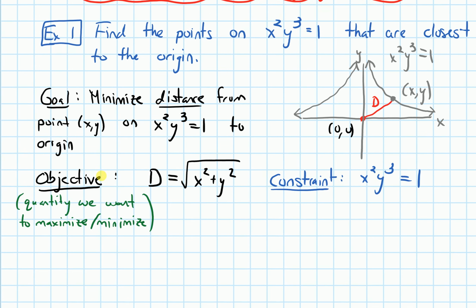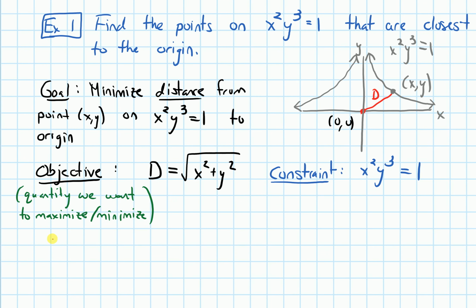There's an important observation that's going to make our computation a little bit easier. When we try to minimize a square root function like this, the key observation is that d is minimized when d squared is minimized, when d squared is as small as possible. d squared would get rid of the square root and just leave us with the stuff inside.